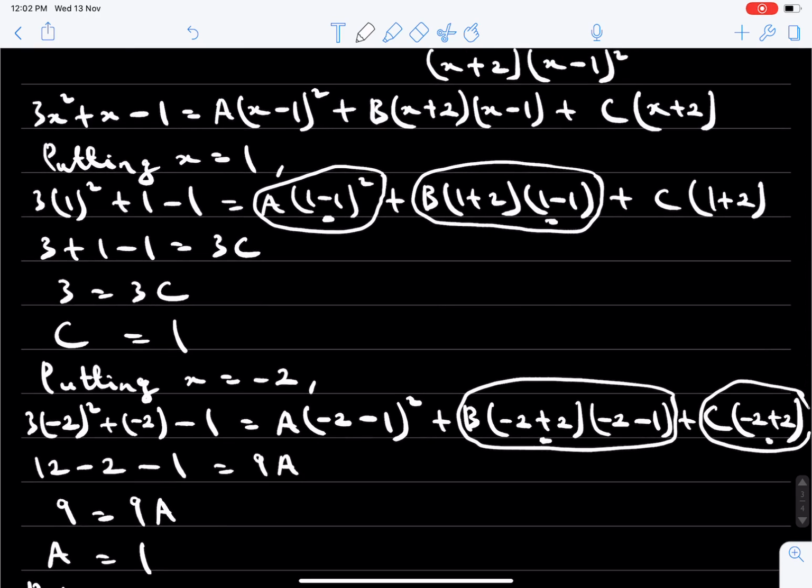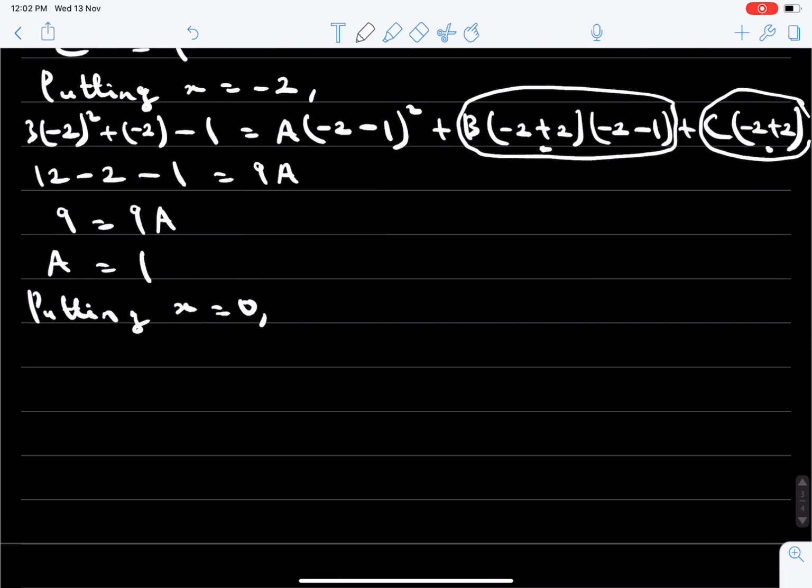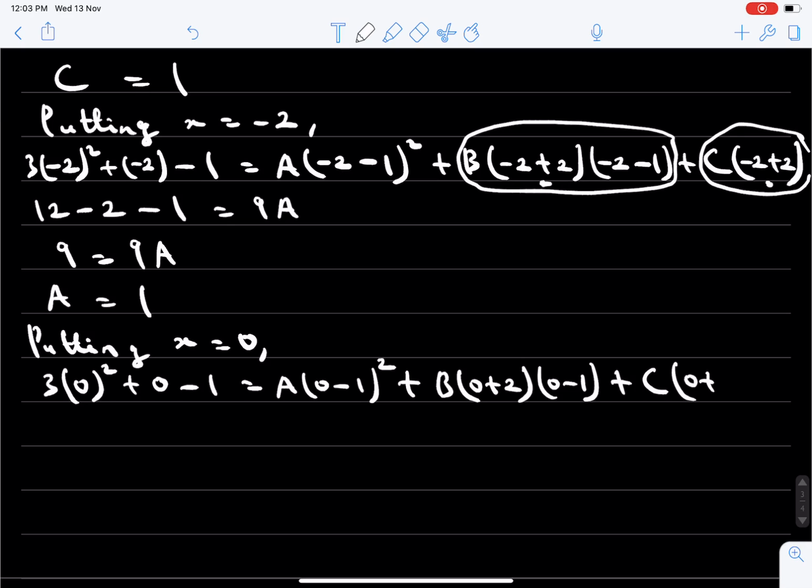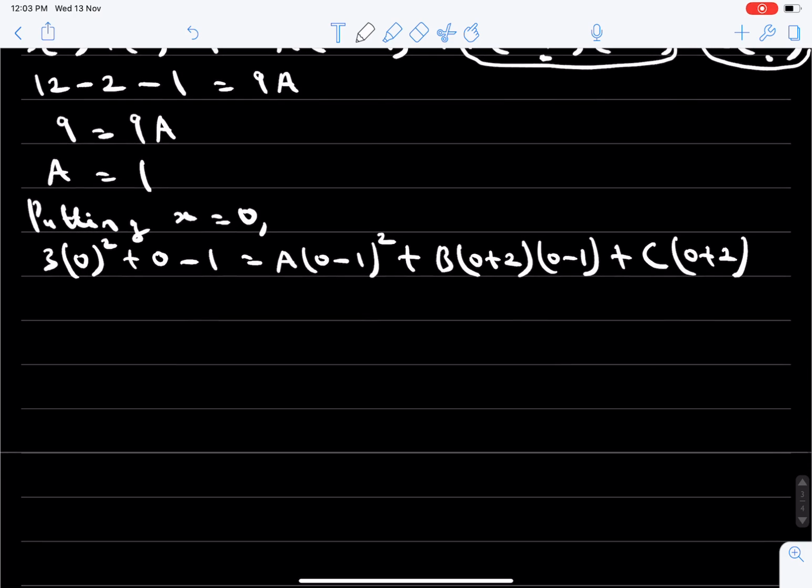Putting x equals 0, 3 times 0 squared plus 0 minus 1 is equal to A times 0 minus 1 squared plus B times 0 plus 2 times 0 minus 1 plus C times 0 plus 2.